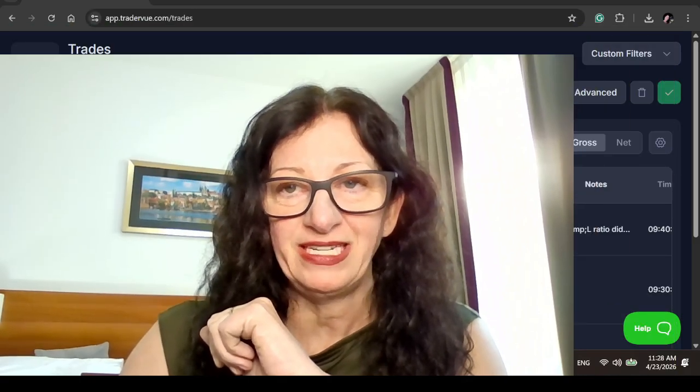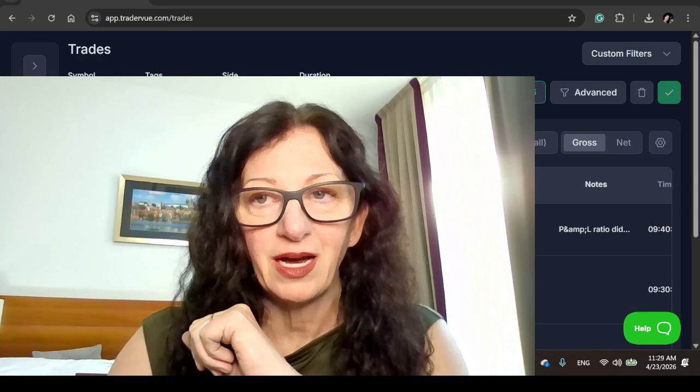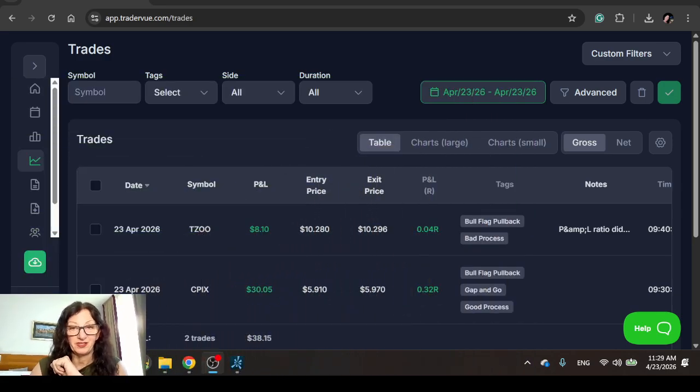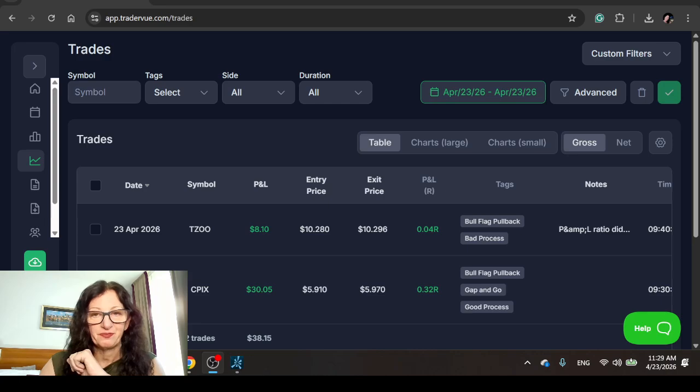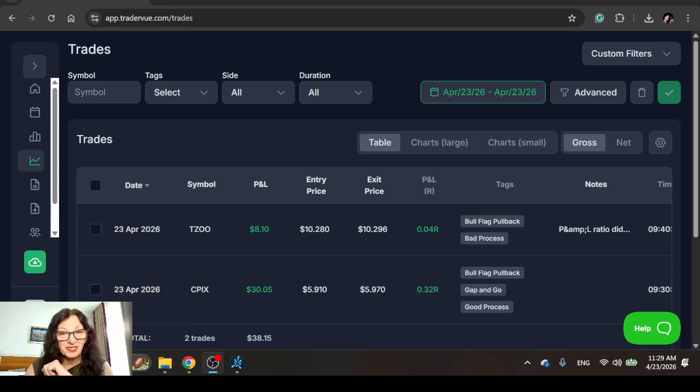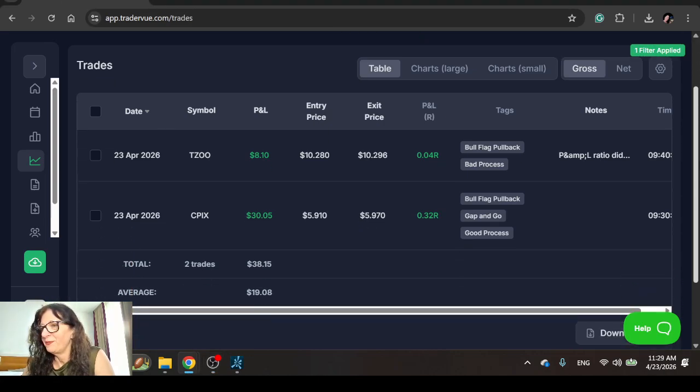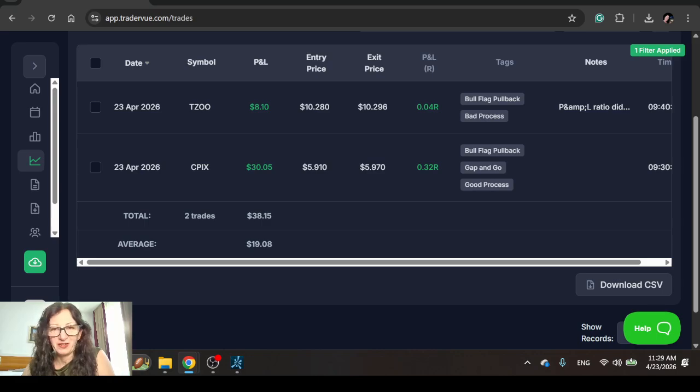I took 2 trades, and I honestly didn't trade until the market opened. Okay, I'm going to make myself really small so you can see my screen. Actually, let me move this up. That way I can make myself a little bit bigger.